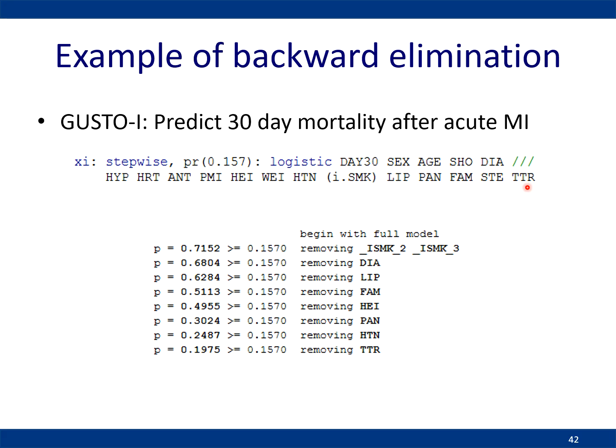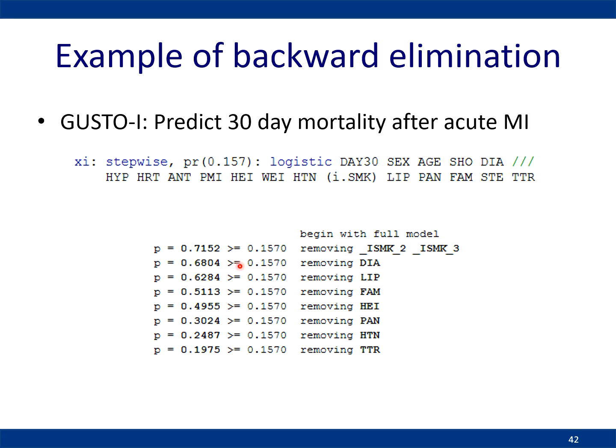Stata will then perform a series of hypothesis tests, so it will remove each variable in turn, and in that first step it will remove the least significant variable. So here we can see that smoking, which is a combination of two terms here, because smoking had three categories and we have brackets around it to keep those terms together, had a p-value of 0.7152, which was the least significant variable, and then it was removed in that first step.